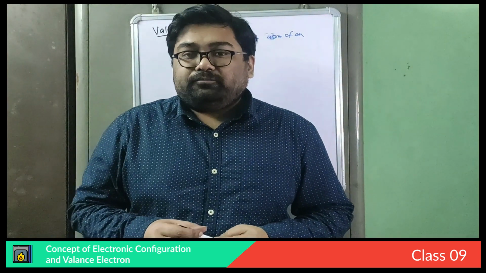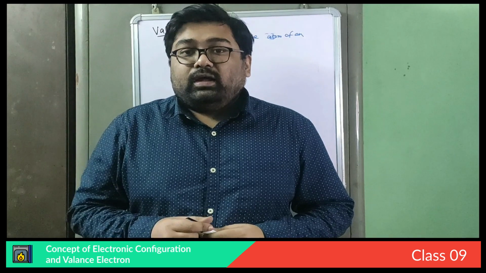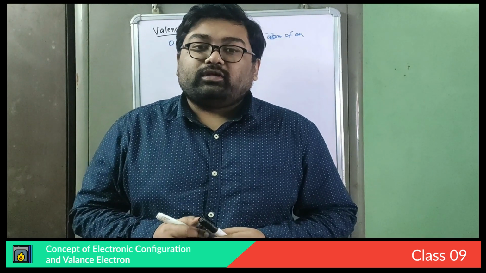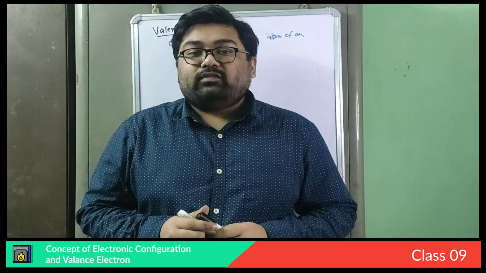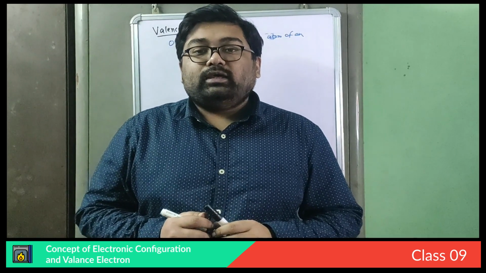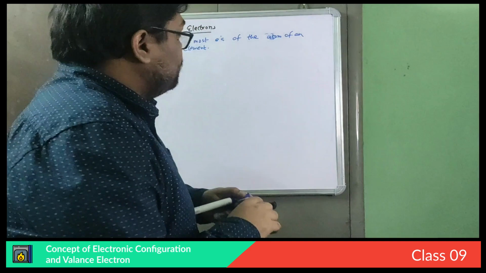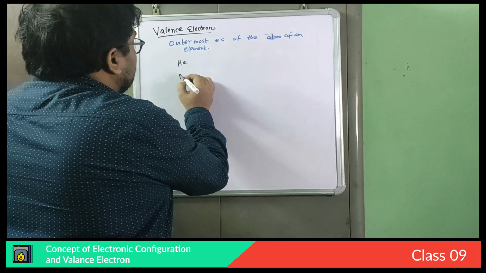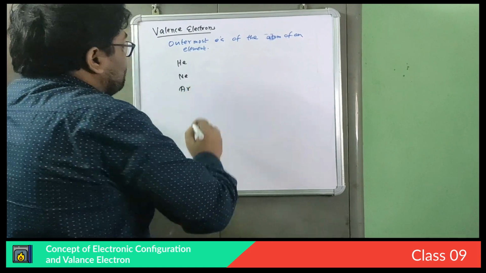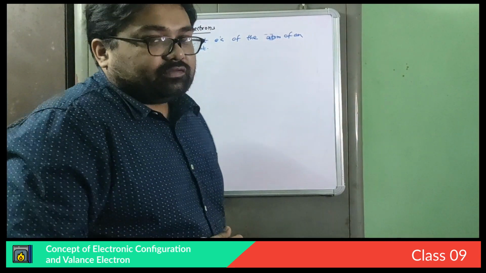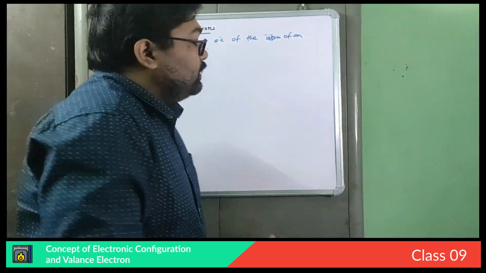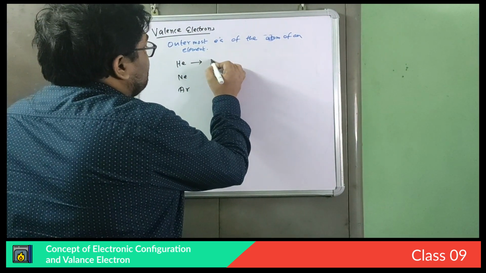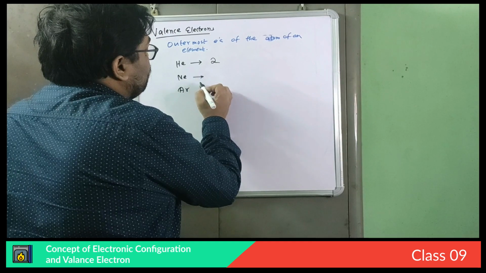Now a question arises as to why the noble gases are inert in nature. That means why the noble gases do not participate in any chemical reactions, right? If you see helium, neon, argon, these are all inert gases. Now, if you notice the electronic configuration, helium has 2.